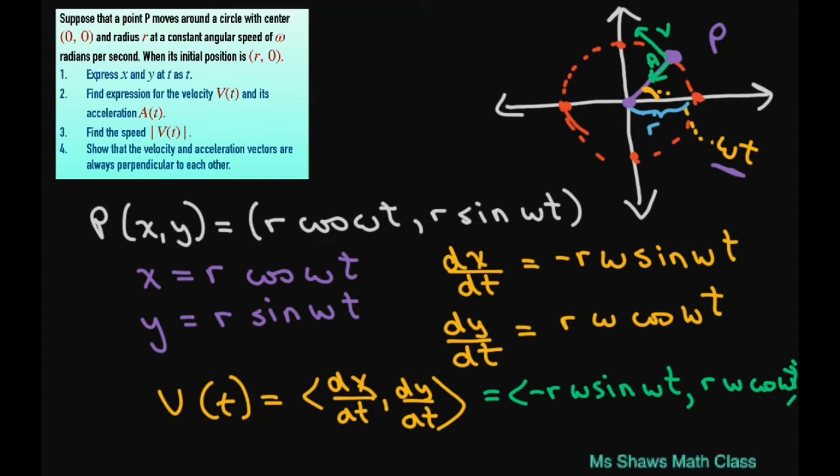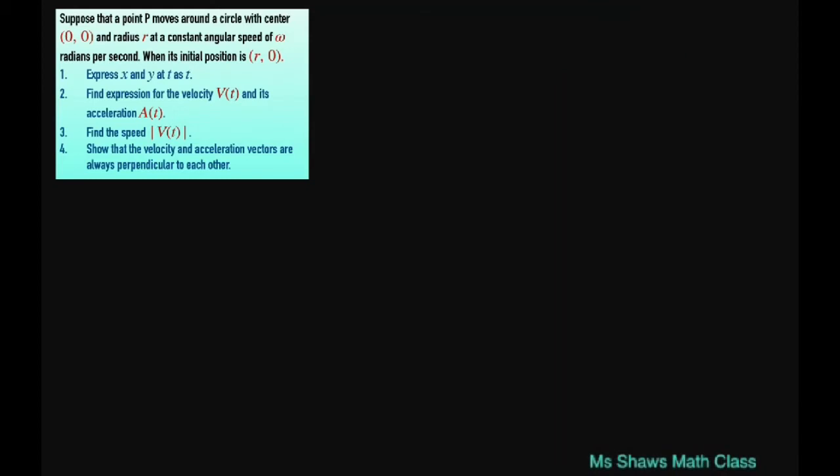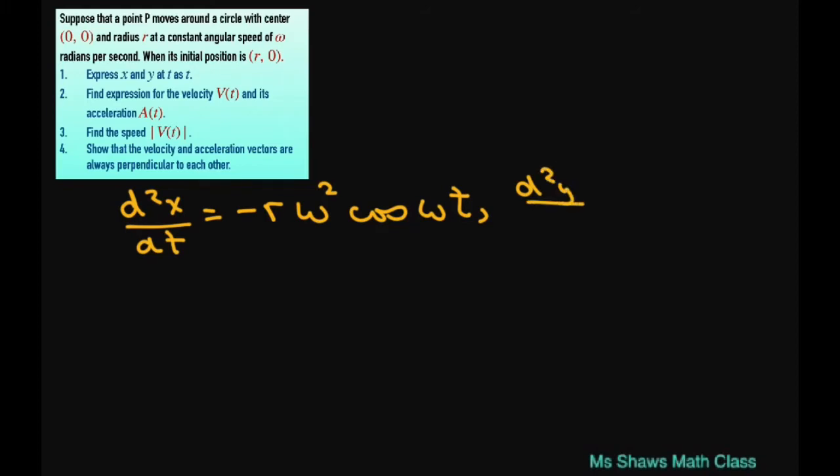All right, now for our acceleration, we have to take the second derivative. So for the second derivative of x with respect to t, that's going to give me negative r omega squared cosine of omega t. And our second derivative of y with respect to t is going to be negative r omega squared sine of omega t.